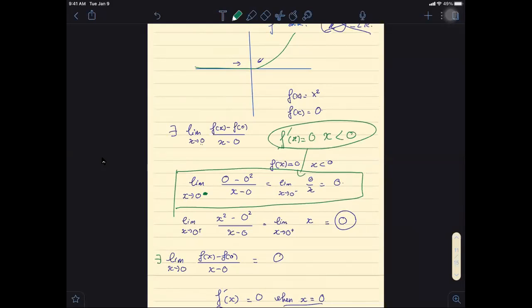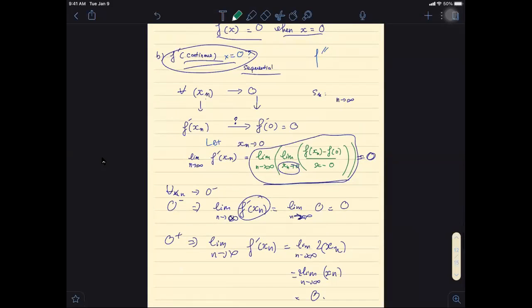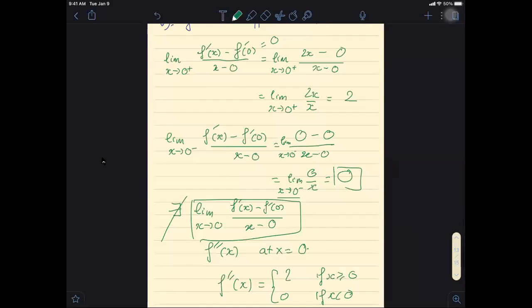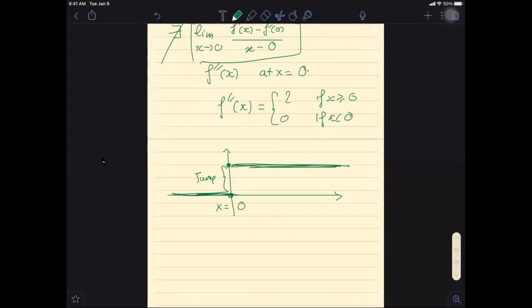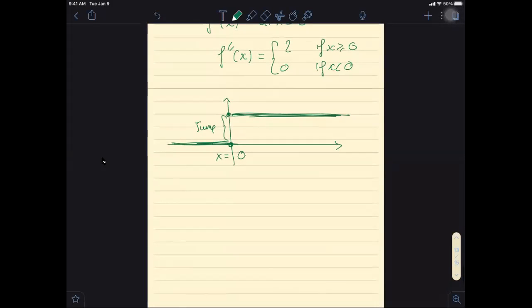Just prove it: f prime of x is equal to 0. Okay? Get it? Any question?